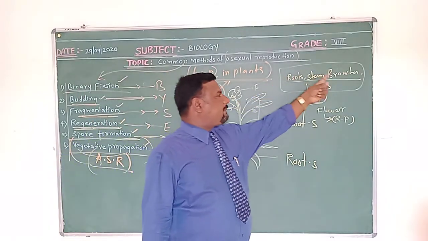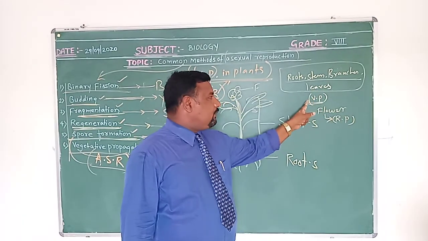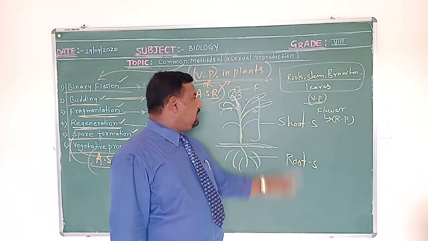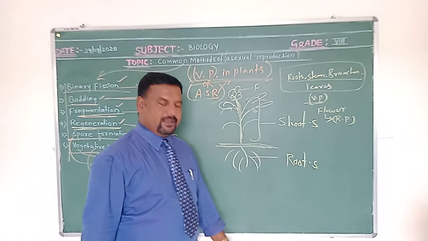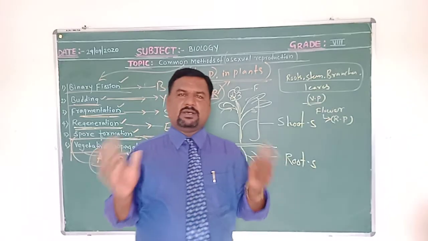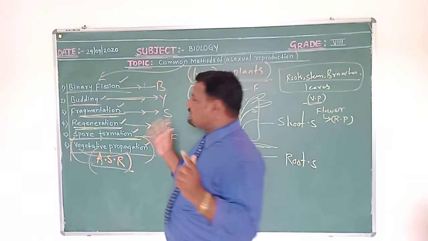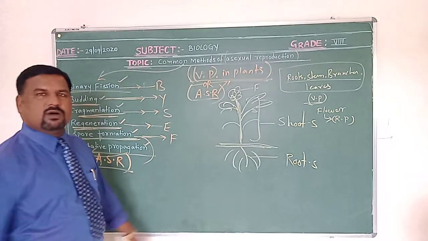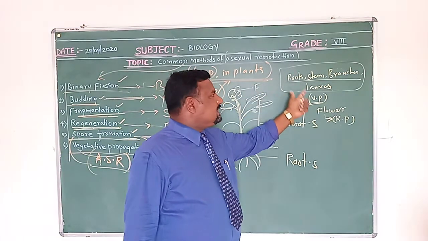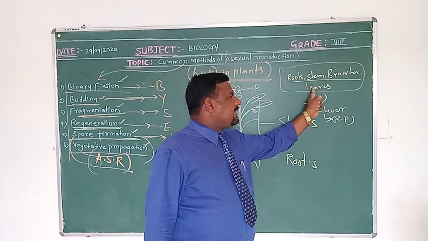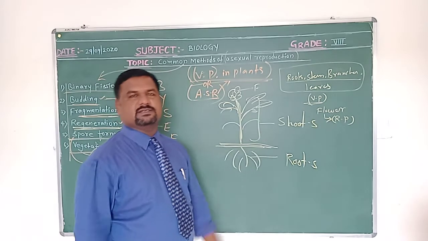So root, stem, branches, and leaves are called vegetative parts of a plant body, whereas the flower alone is called the reproductive part. Why is it so? The flower is involved in sexual reproduction, whereas root, stem, branches, and leaves are involved in asexual reproduction.